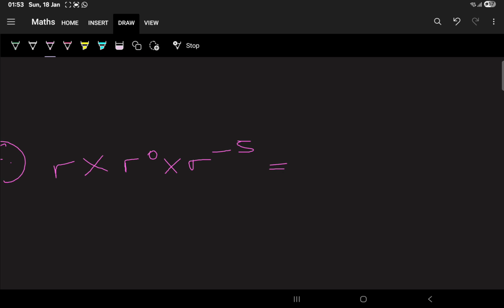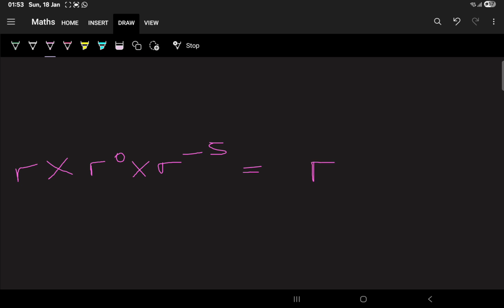Simplifying this using the multiplication law, this is going to be R raised to the power of 1, this R here has a power of 1, plus 0 plus negative 5. Now this simplifies to R raised to the power of 1 minus 5, which is R raised to the power of negative 4.